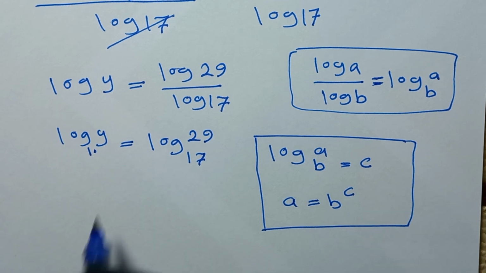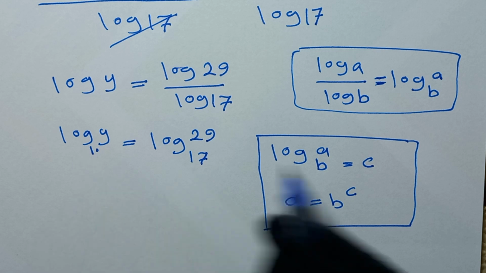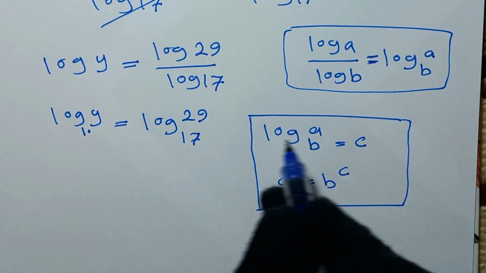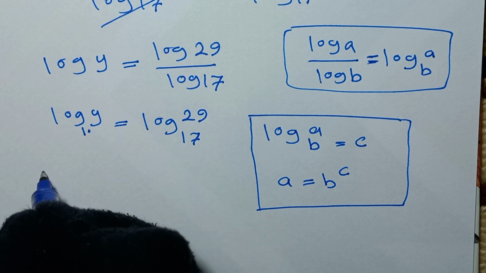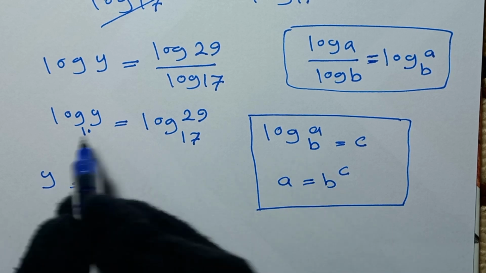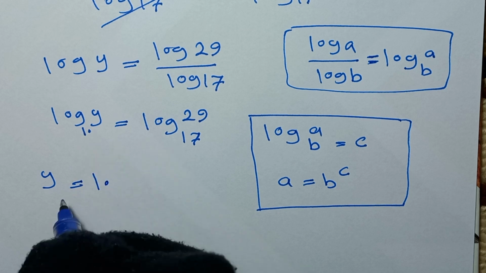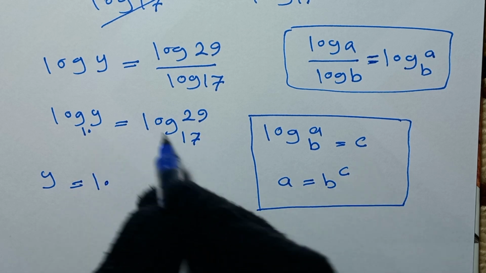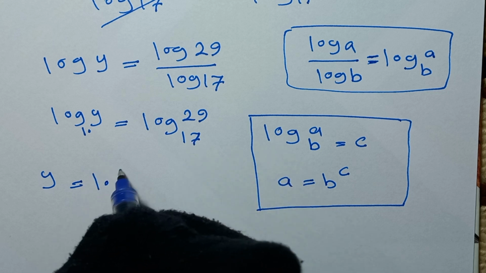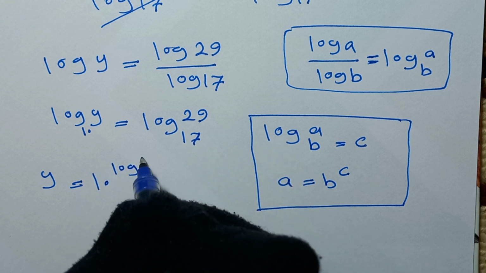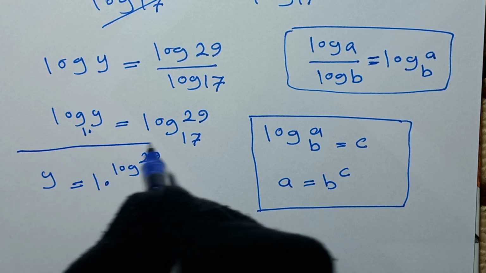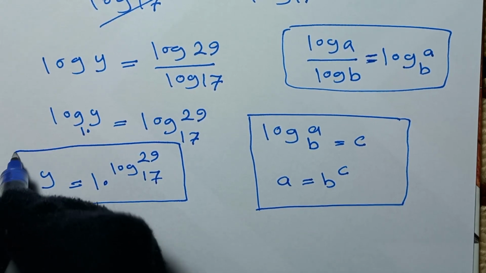So by comparing this equation and this formula, a is y, so y is equal to b, the base is 10, to the power of c. c is log of 29 to base 17. So 10 to the power of log of 29 to base 17. So here we find the value of y.